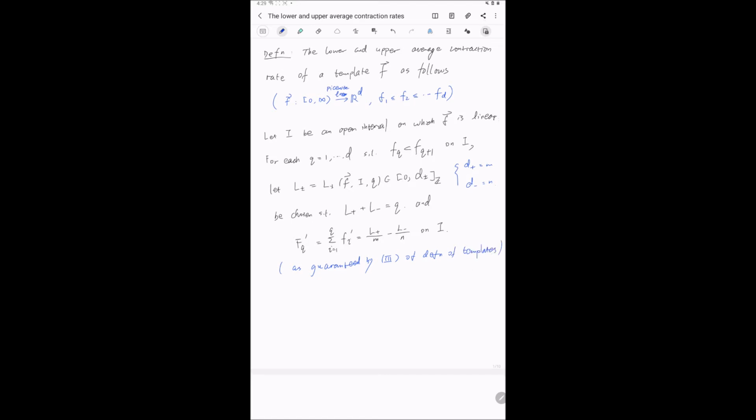And next we shall introduce a notion called an interval of equality.